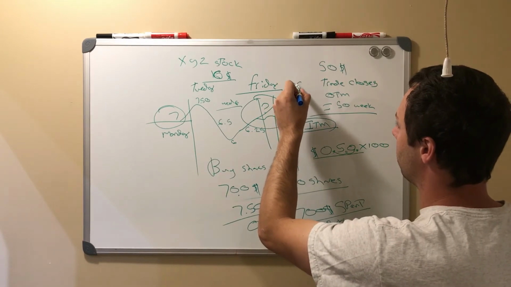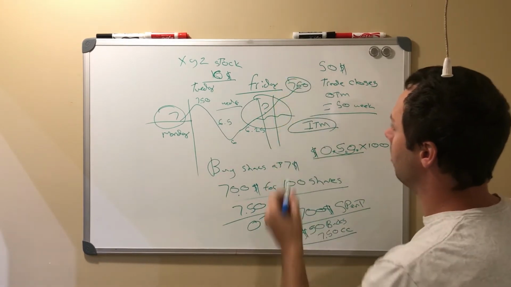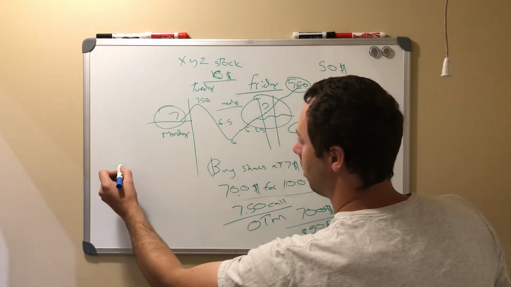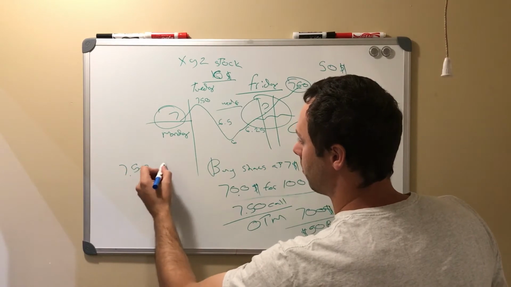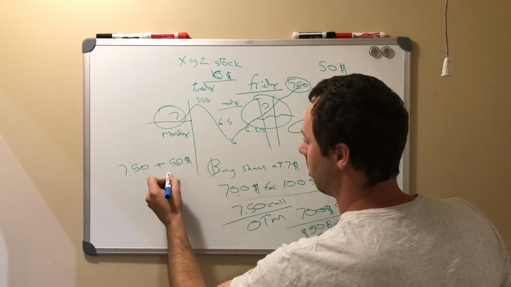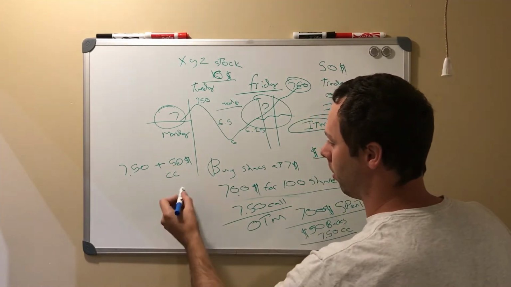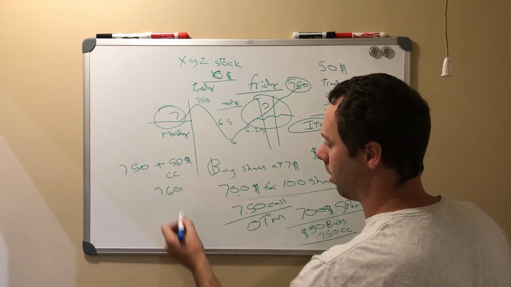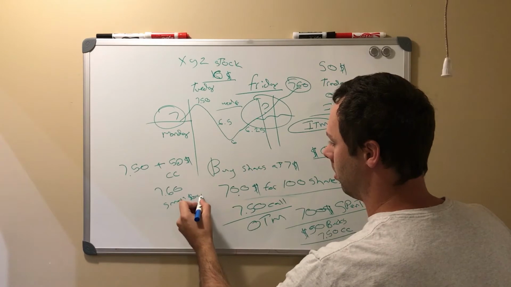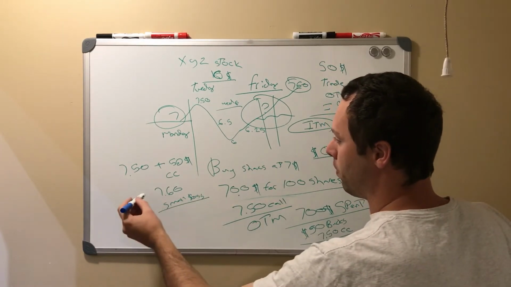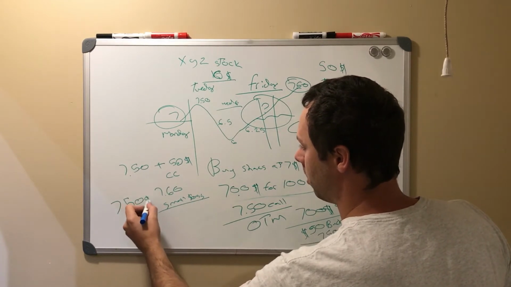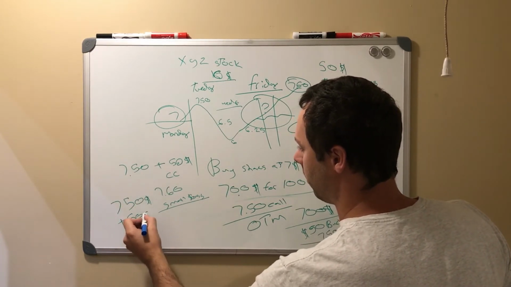Let's say it's at 7.60. That means that my shares would be called away at $7.50 plus the $50 I sold the covered call for. Now it went out at 7.60, so I have a small loss, but I would make $750 plus the 50 for the covered call.